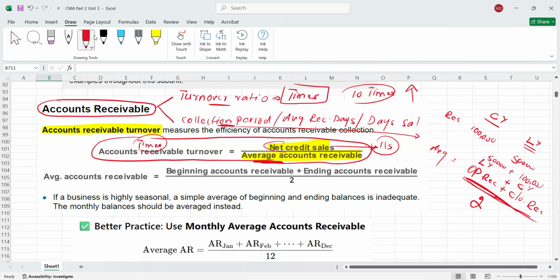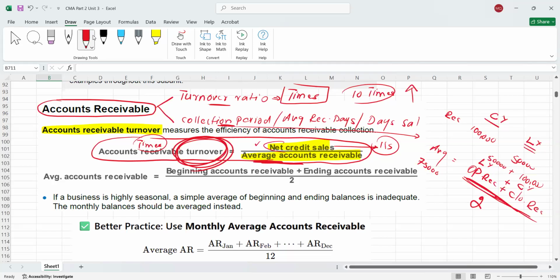Total is 150, divided by 2. So the average will be 75,000, and this average you have to use. Once you divide net credit sales by the average accounts receivable, you get the turnover ratio answer, and turnover implies how many times we converted our receivables into cash.